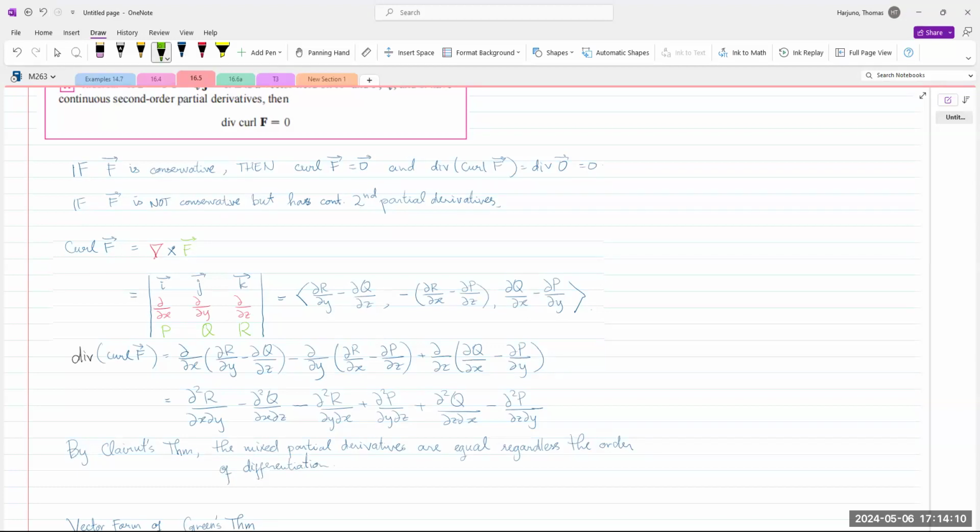In other words, this guy here will cancel this guy here, this will cancel this, and this will cancel this. Okay, and therefore we get equals to 0 as we expect.